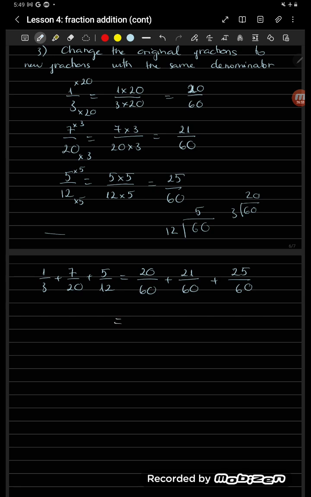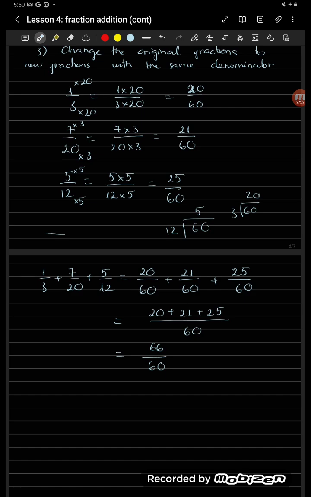And the answer is 20 plus 21 plus 25 over 60. Okay, so after you add them all together, you'll get 66 over 60.